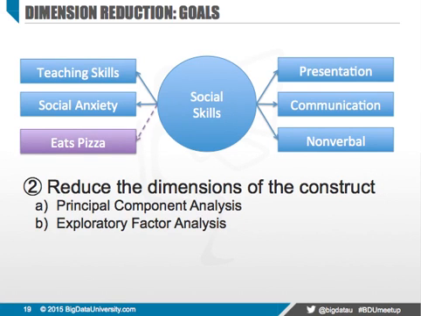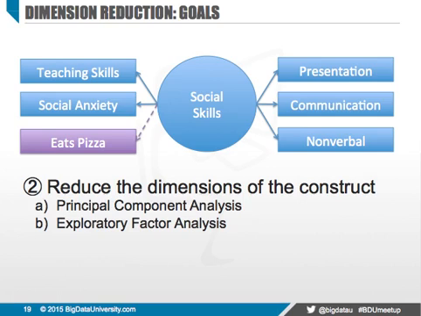In the current series of lectures, I will concentrate primarily on the second goal, which is reducing the dimensions of the constructs via principal components analysis and exploratory factor analysis. In this particular case, you might have several variables. So here you have teaching skills, social anxiety, eats pizza, presentation, communication, and nonverbal skills.